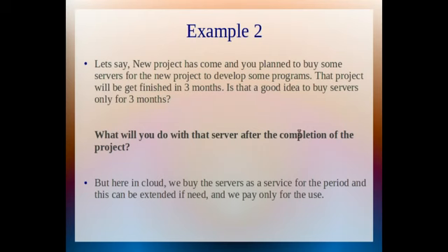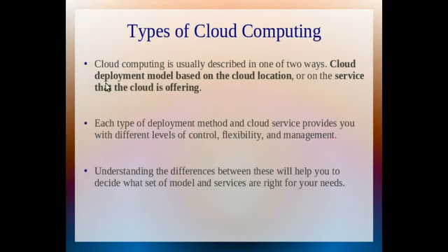Let's see types of cloud computing. Cloud computing is usually described in one of two ways: cloud deployment model based on the cloud location, or on the service that the cloud is offering.